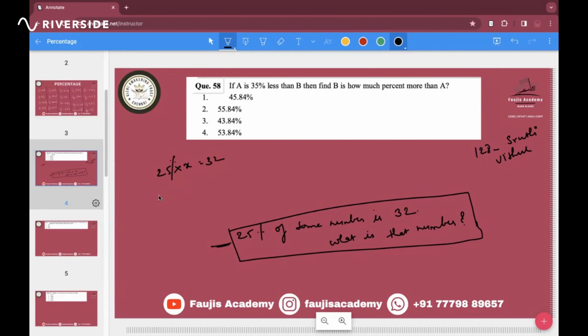This is what they have given. And if they have given this, you have one equation and only one variable. One equation, one variable. Now you tell me, can we solve it?